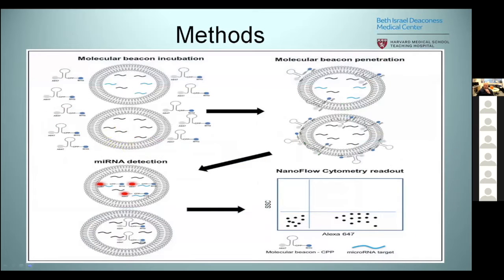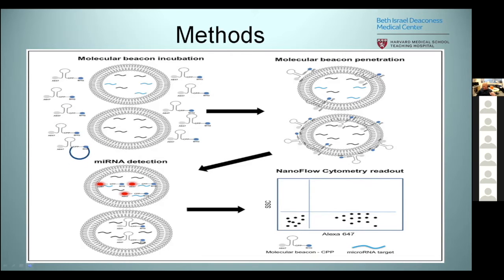The method's pretty straightforward and simple. You take your molecular beacons, add them to your cell of interest with the microRNAs inside, let them incubate, and mix them up. These guys penetrate in, and when they find a target sequence, they unloop, and then you get your detection using nanoflow cytometry.